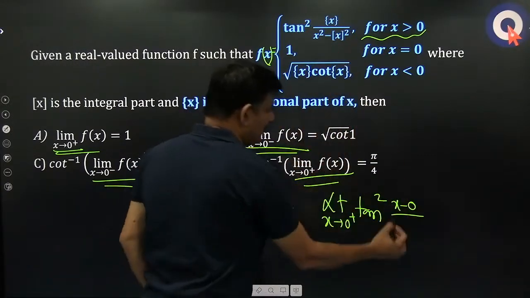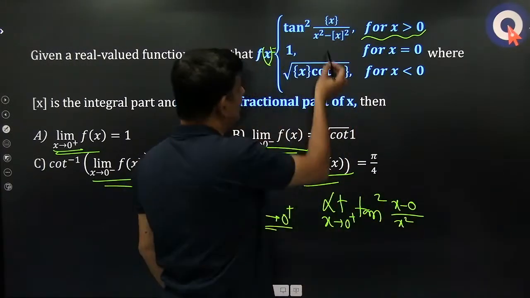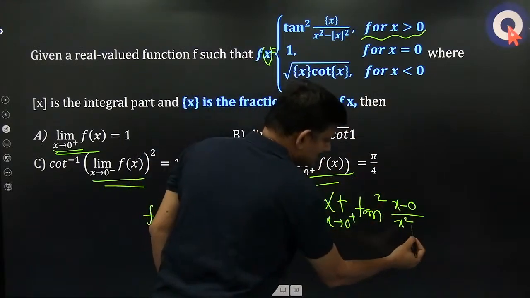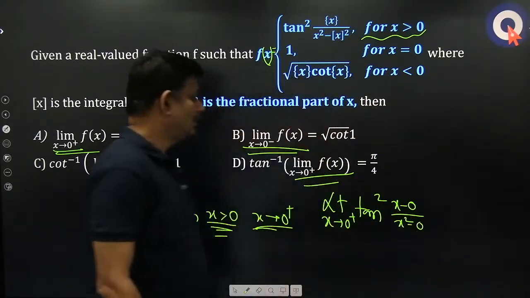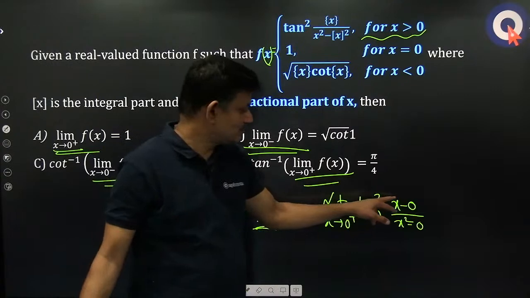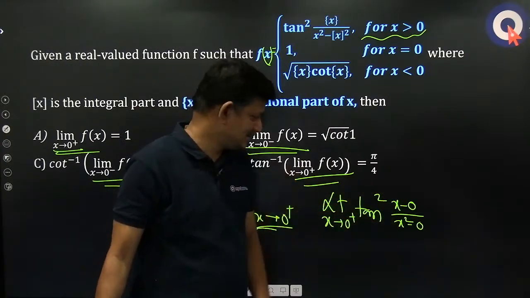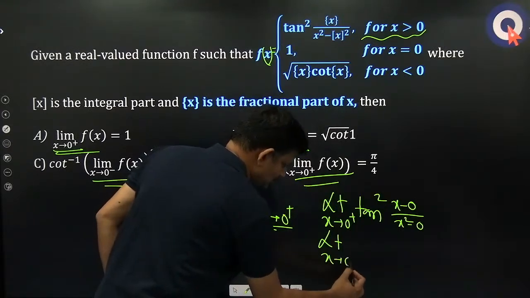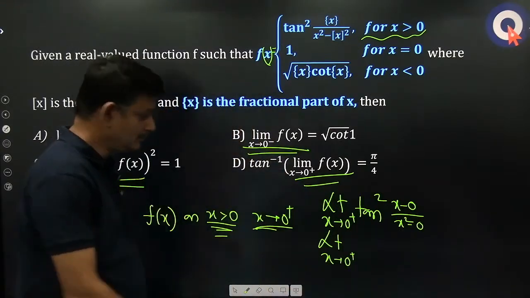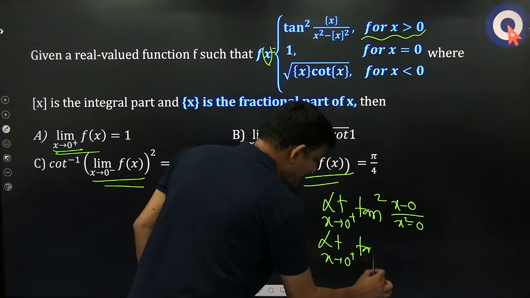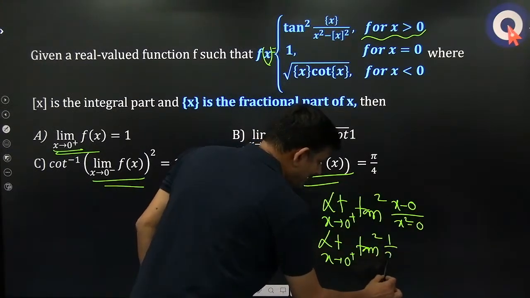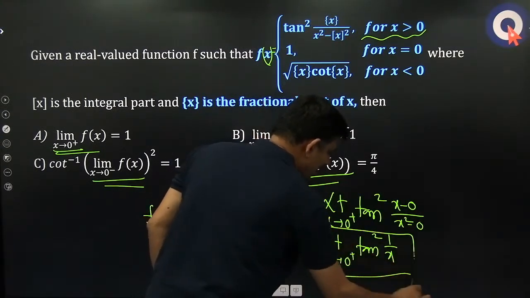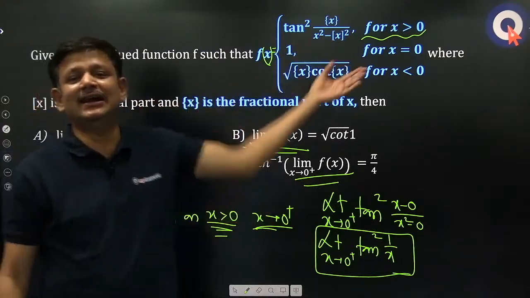Divided by x square minus integral part of x, this is also 0. So it is simply tan square x by x. So this is limit x tending to 0 plus of tan square of 1 by x.